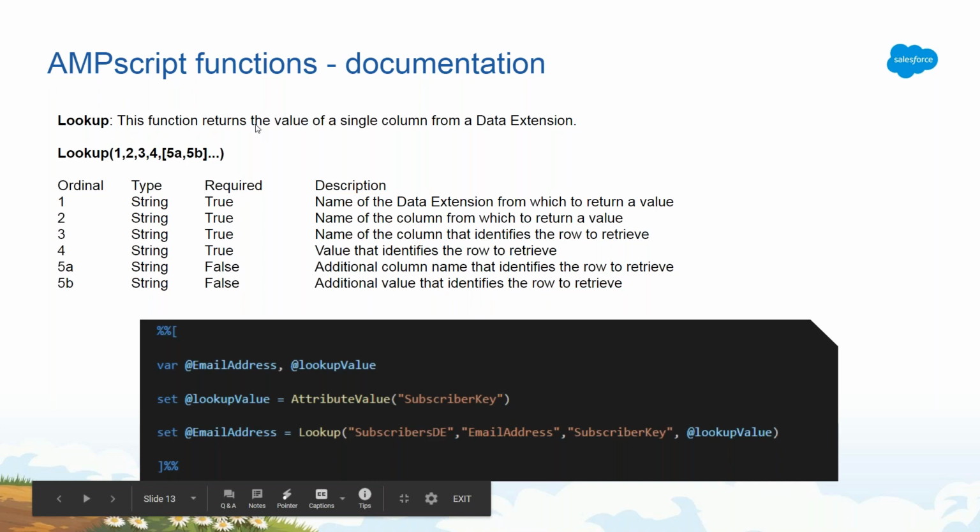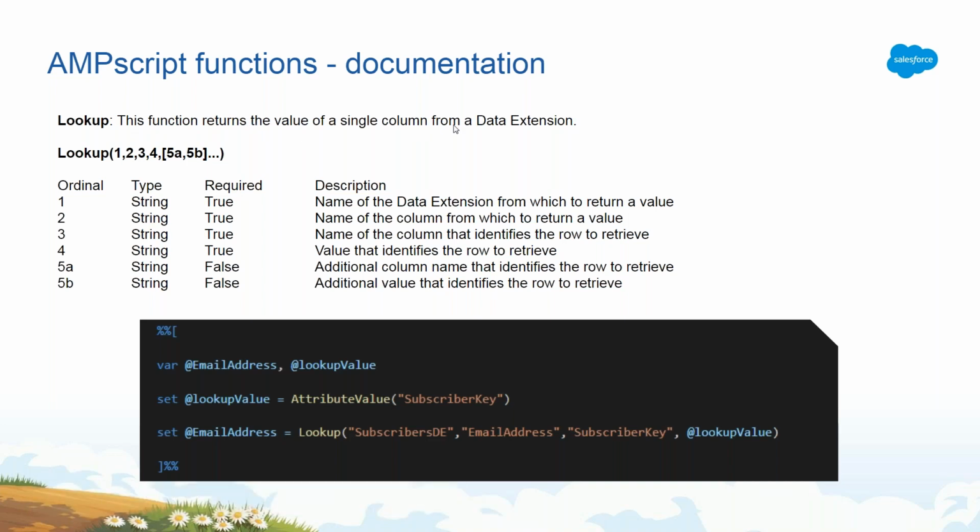This function returns the value of a single column from a data extension. And the most important part of the function is this table here with all the arguments. So basically, when you start using AMPscript functions, you always need to pay attention to what arguments are required for the function to work and in which order they need to be written.